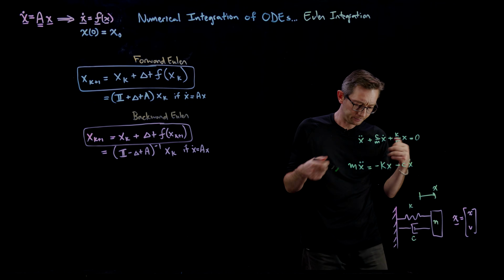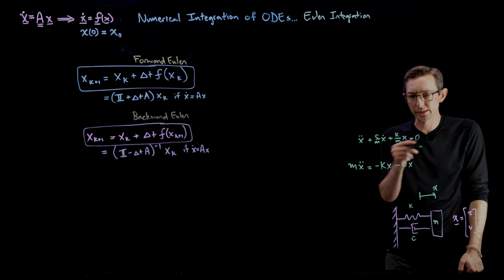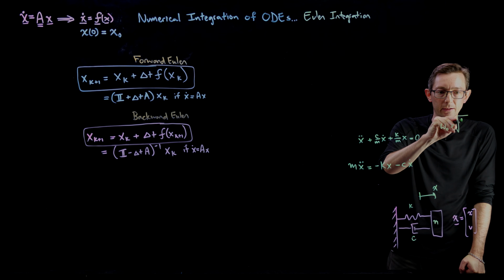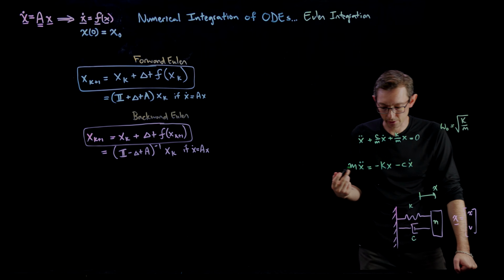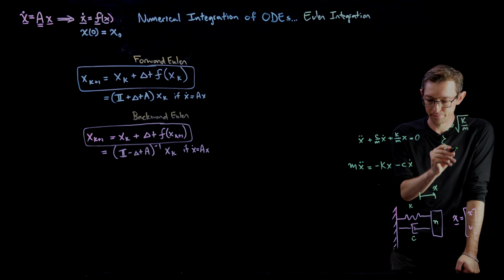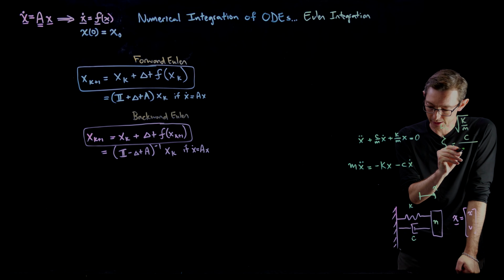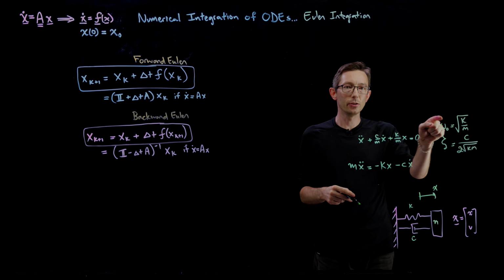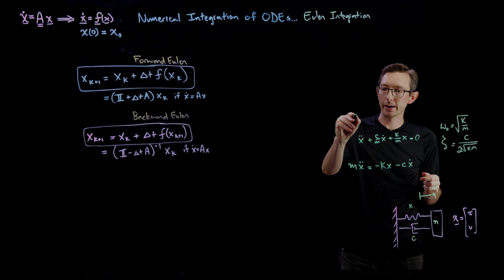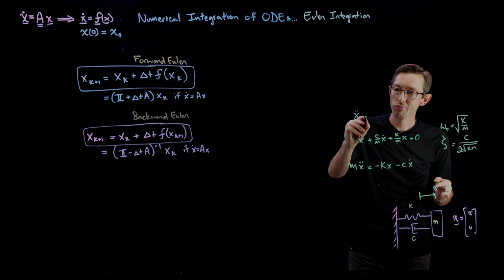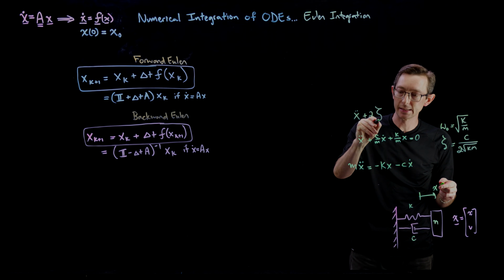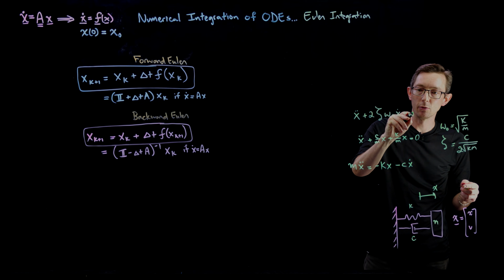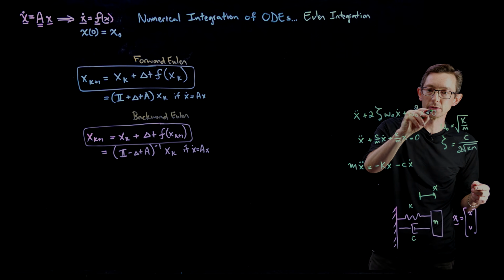So we're going to introduce these variables: omega naught equals the root of k over m, and zeta equals the damping coefficient divided by 2 root km. If I introduce those two variables, we can write our differential equation as x double dot plus 2 zeta omega naught x dot plus omega naught squared x equals 0.